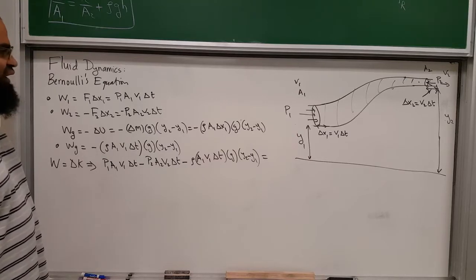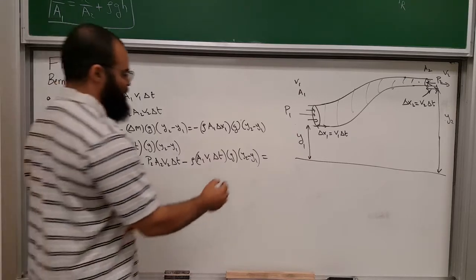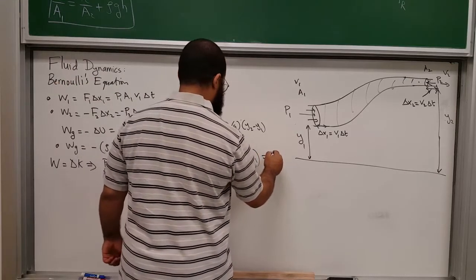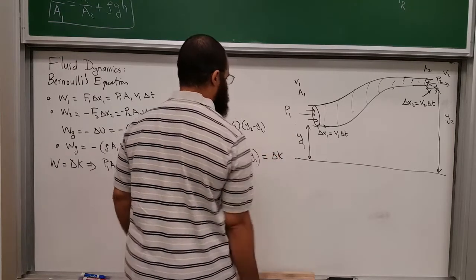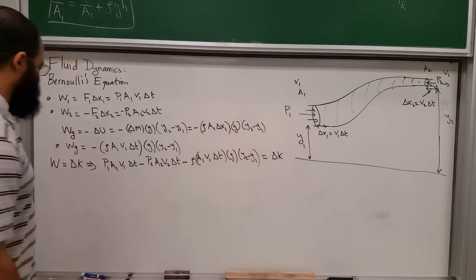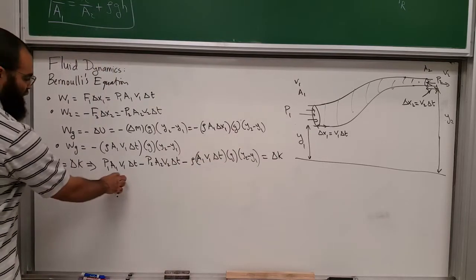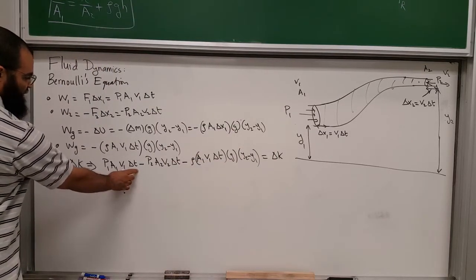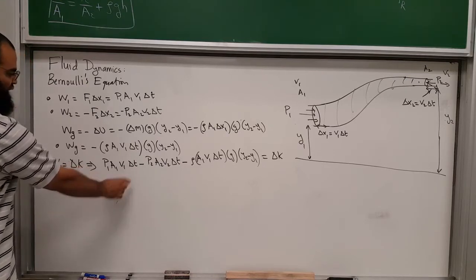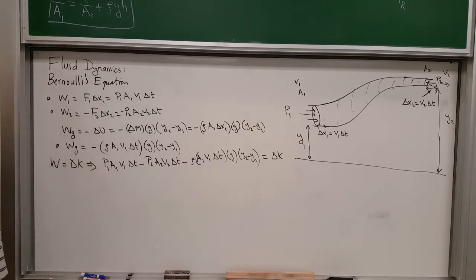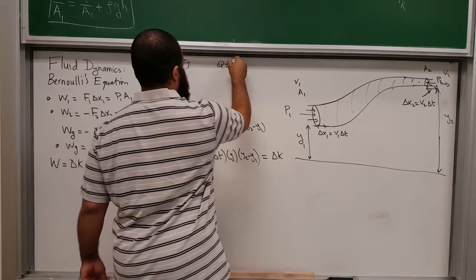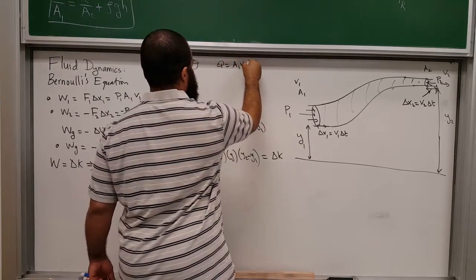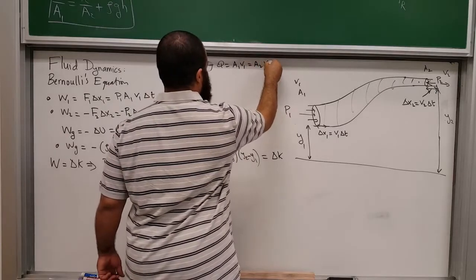And what is the change in kinetic energy? Let me first keep it this way for now. Now, A1 V1 delta T is the volume flow rate times an amount of time delta T. Remember when we had Q equal to A1 V1 and equal to A2 V2.